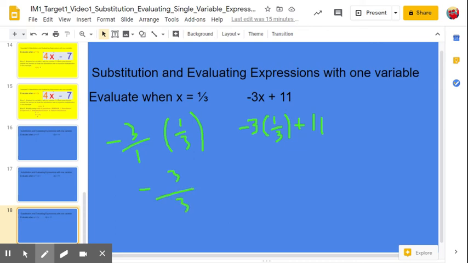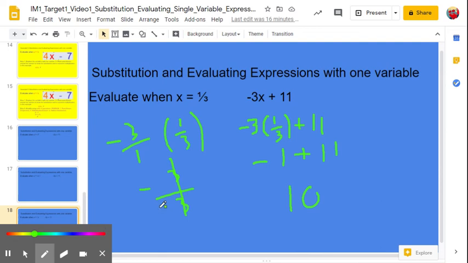Negative over positive is going to be negative. And so 3 over 3 becomes 1. So this is going to be negative 1 plus 11. And then negative 1 plus 11 becomes positive 10.